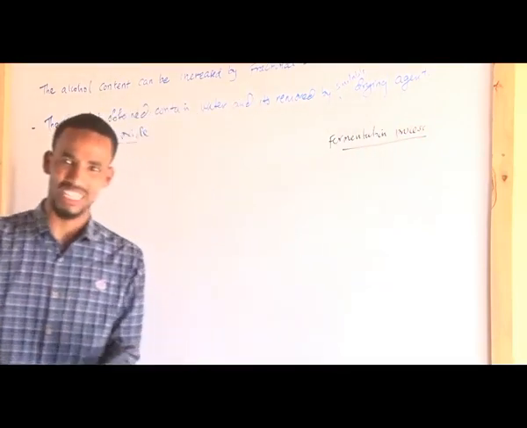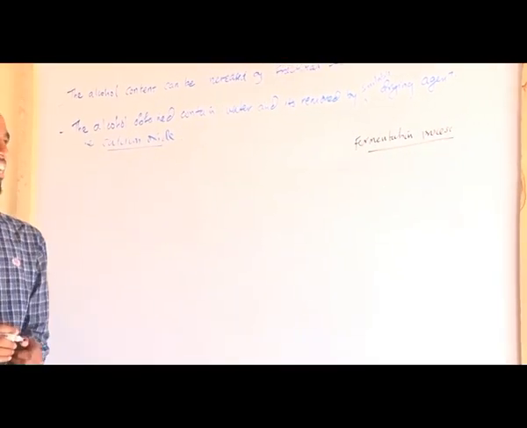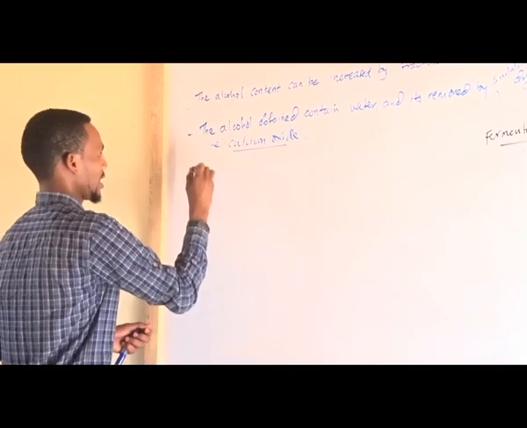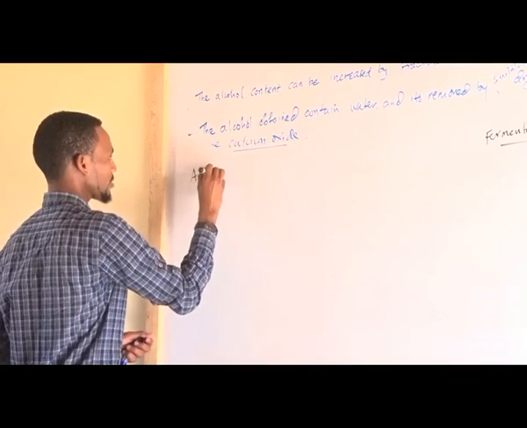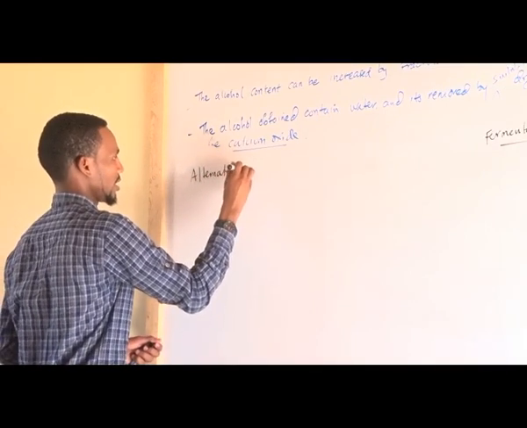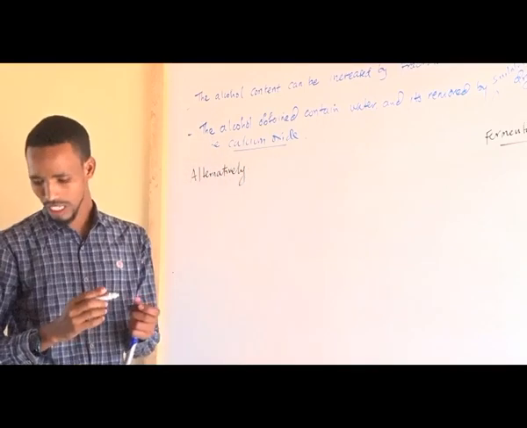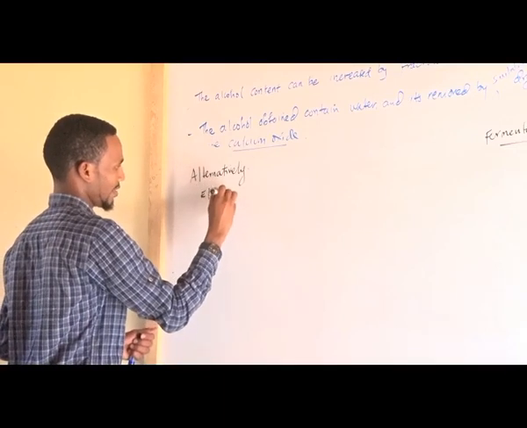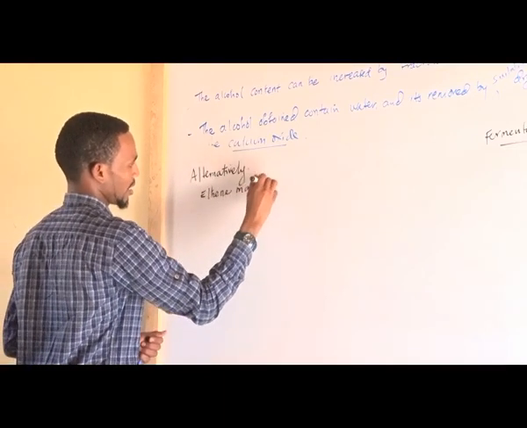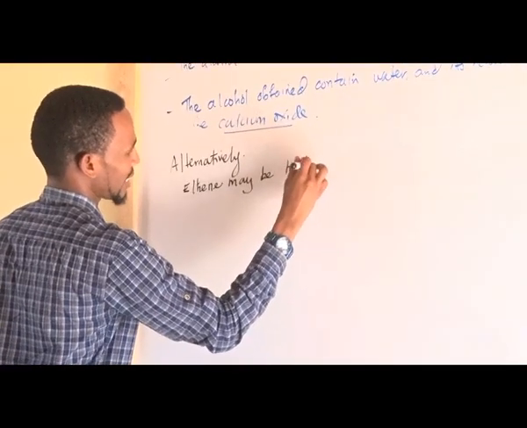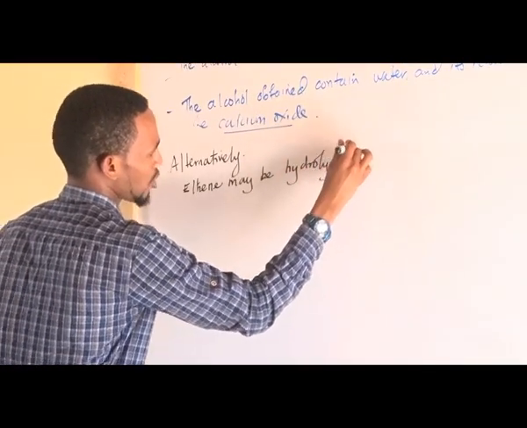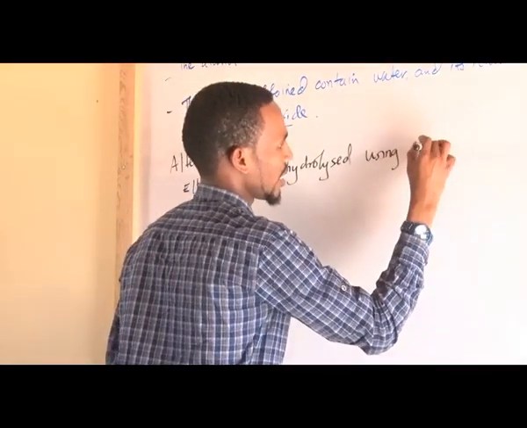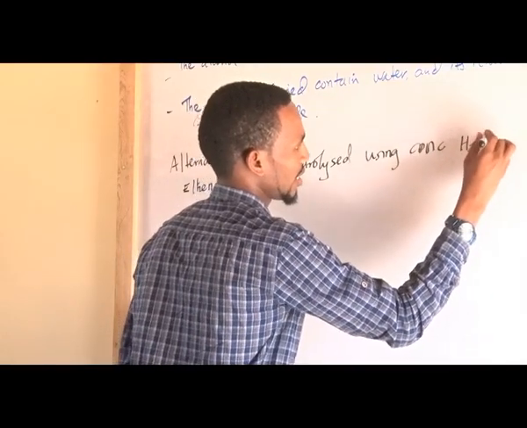Now, there are other alternatives of obtaining ethanol. And alternatively, ethene may be hydrolyzed. You take ethene gas, ethene may be hydrolyzed using concentrated sulfuric acid.